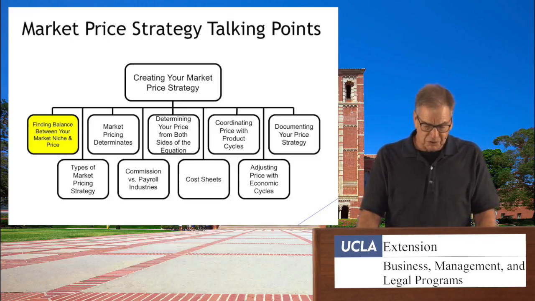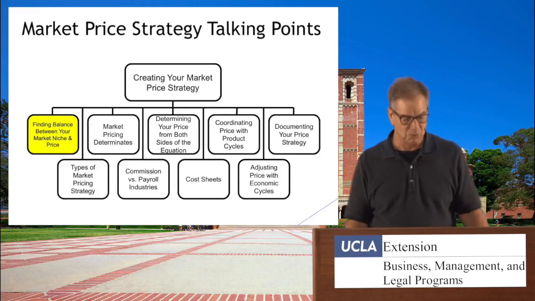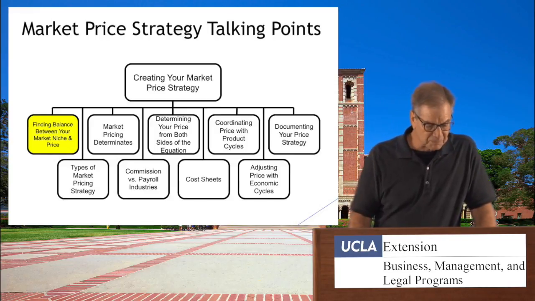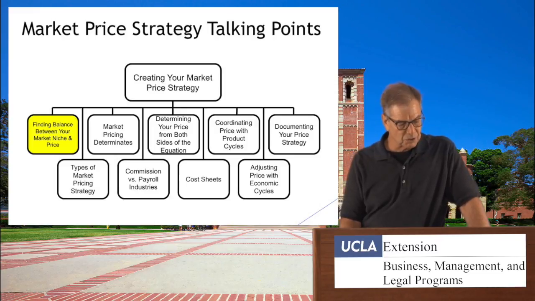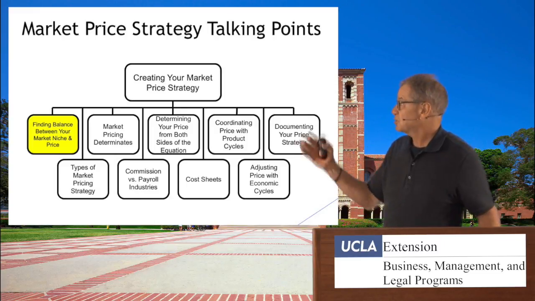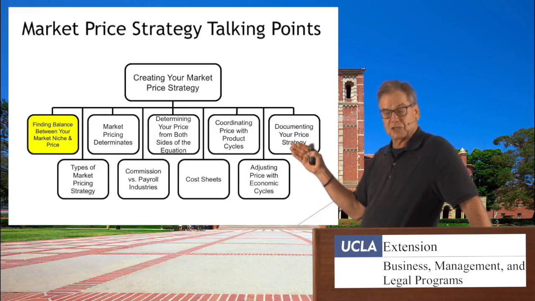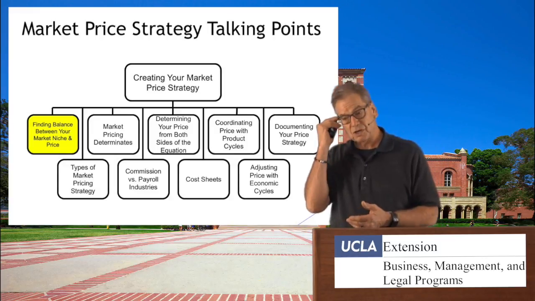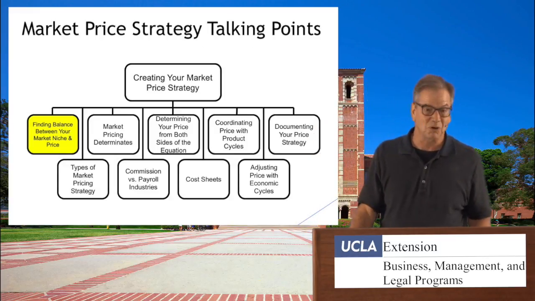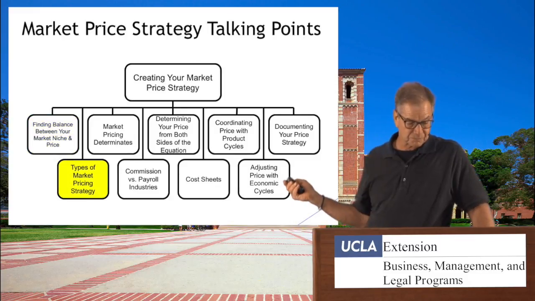There are 10 talking points here. The first is just finding balance between your market niche and your price. So your mission statement or your market niche strategy and your price strategy have to be in balance with each other. If one's higher or lower, people are just not going to see the value. You're not going to get the clients.